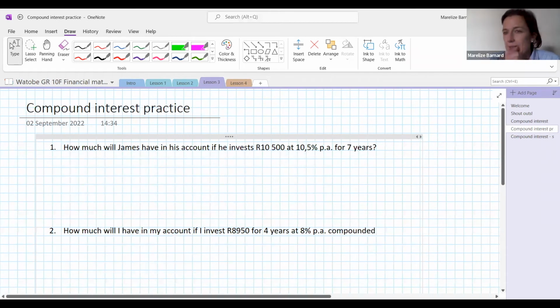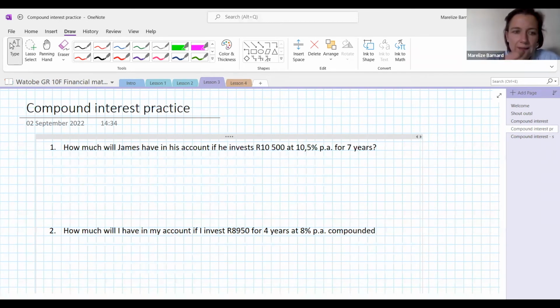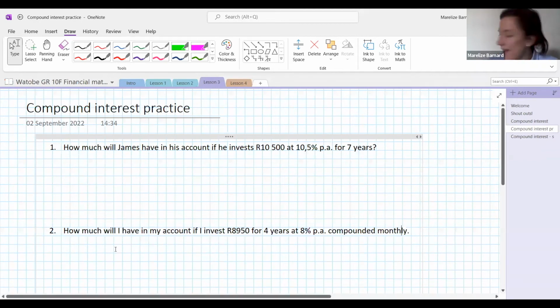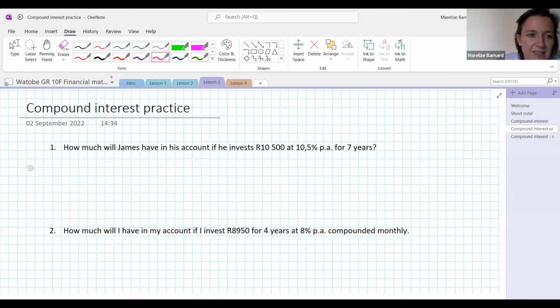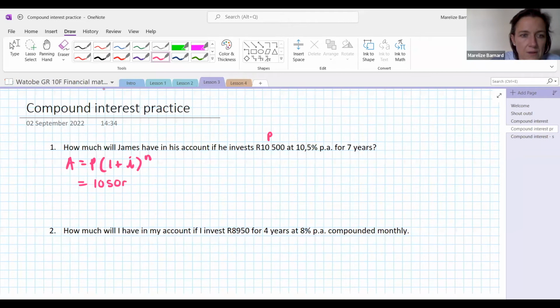Okay, pop your answer in the chat for question 1. Okay, let's go through that first one. So it's compound interest. So we are investing 10,500 and our interest rate is 0.105.